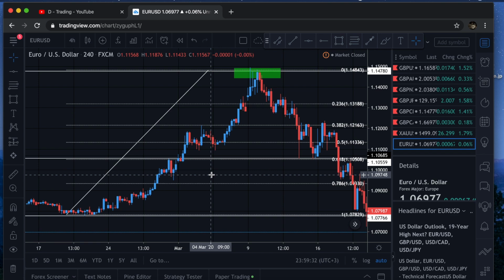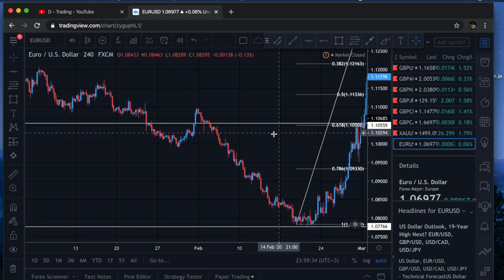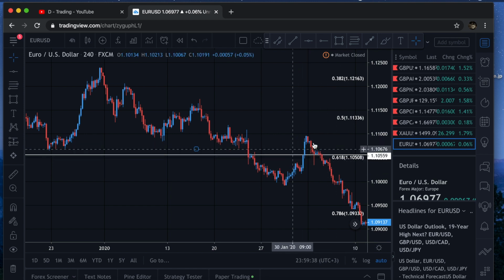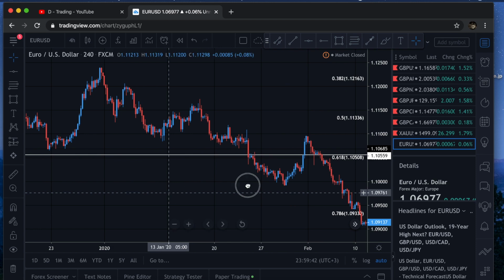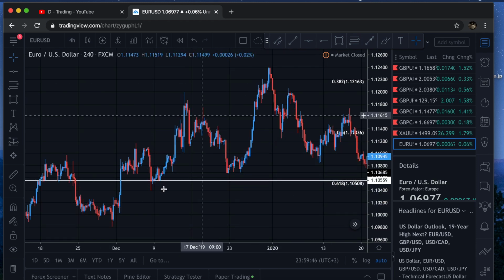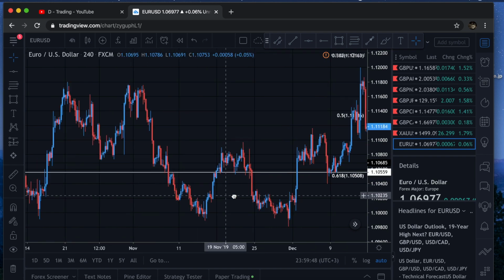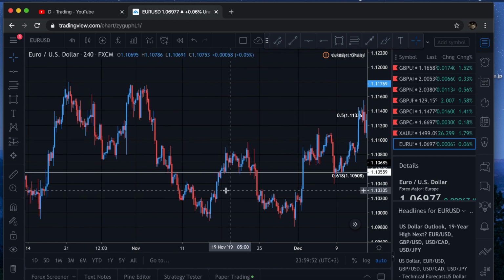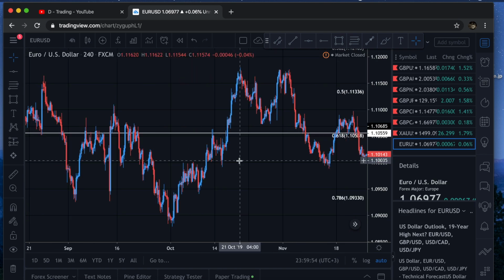So you can also go back in the past and see if this was a strong resistance and a strong support. But the support, not so much. It wasn't such a strong support, but resistance, yes. Over here you can see it was a strong support. So over here, not so much. It got broken because the market was really volatile. This was back in 2019. Over here was a strong resistance.